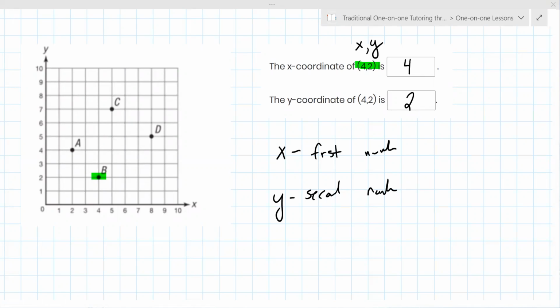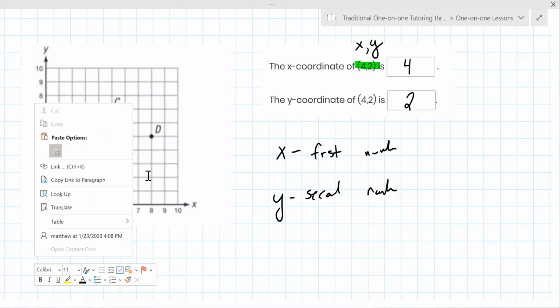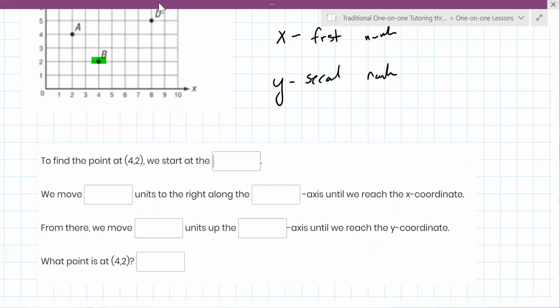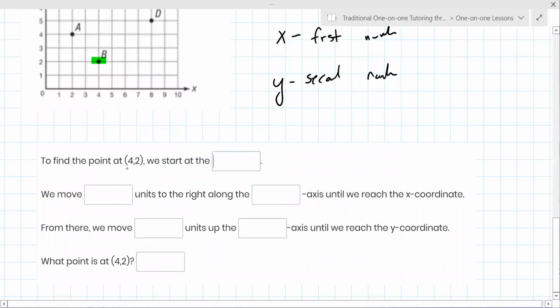Yes. Okay. So I'm going to snip in the rest of the problem. Okay. So it says to find the point at 4,2, we start at, and you always start here. Do you remember where I'm pointing at? Origin. The origin, yeah. So you got to spell that correctly.